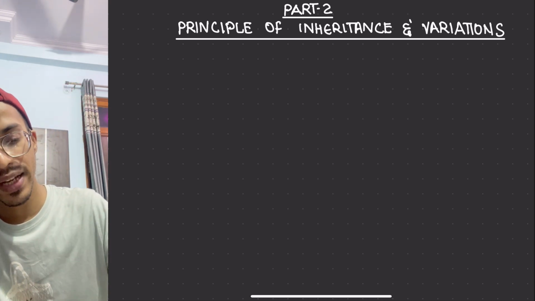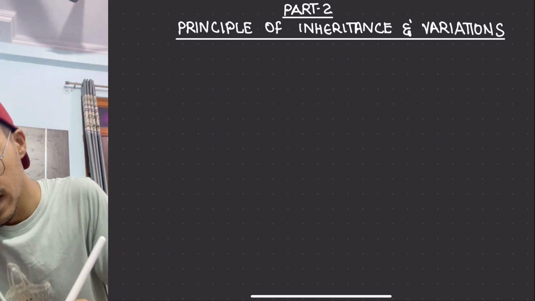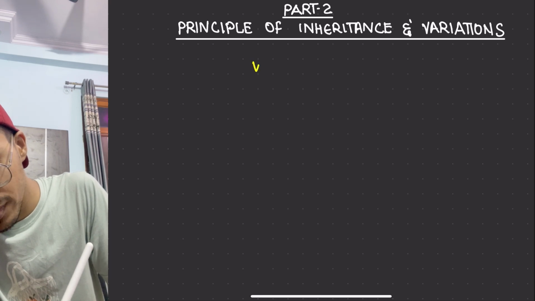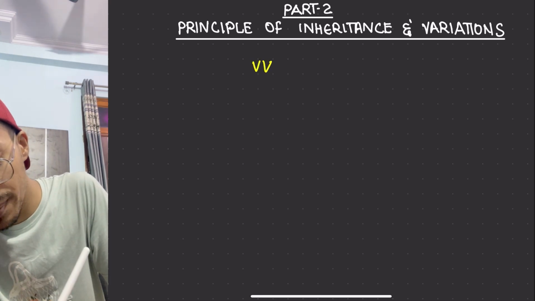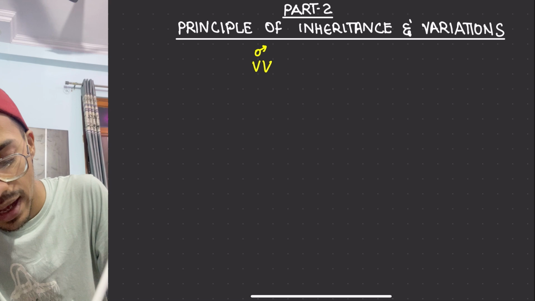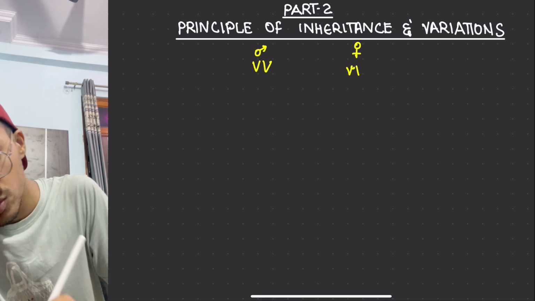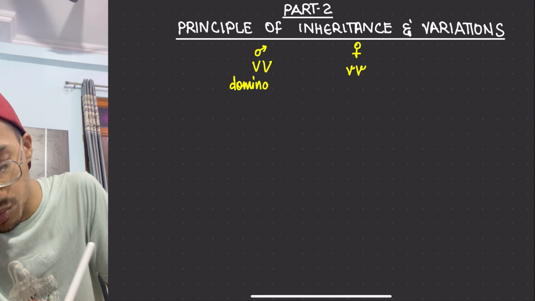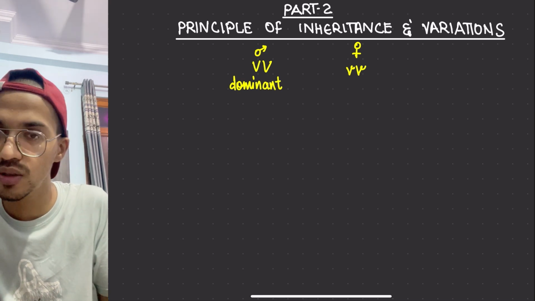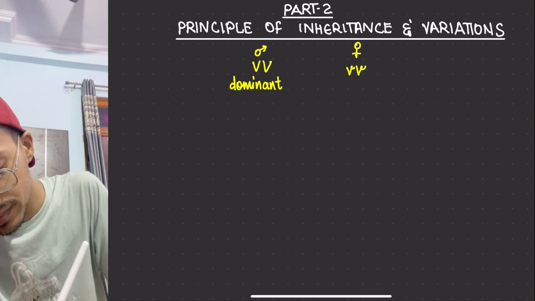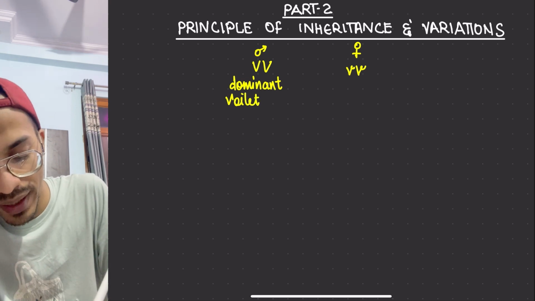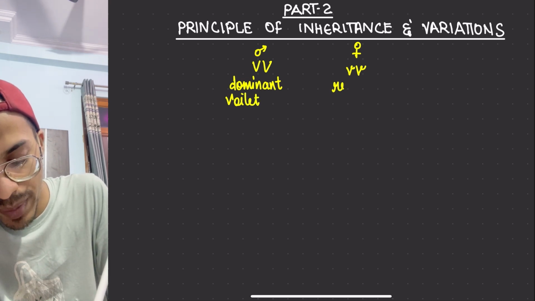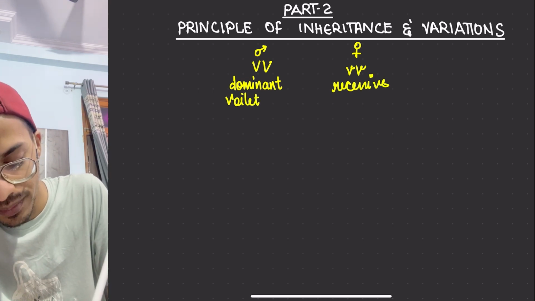So let's take a violet plant, capital V. This will be the dominant parent, assuming it is the male, and the other is the female. True breeding means both alleles are the same, capital or small. The violet one is dominant, whereas the white one is the recessive parent.